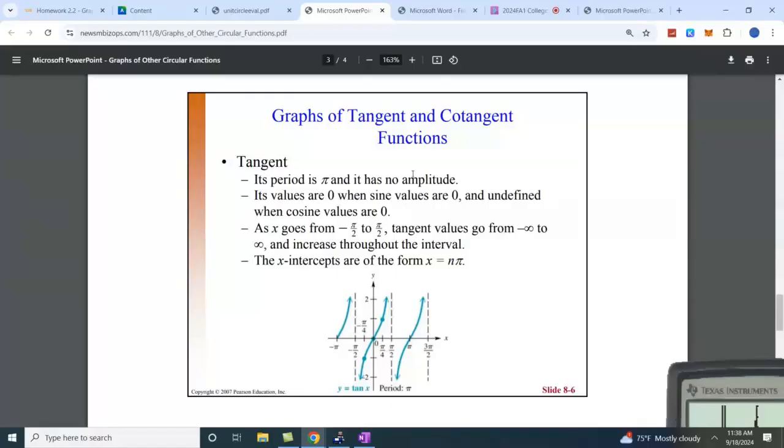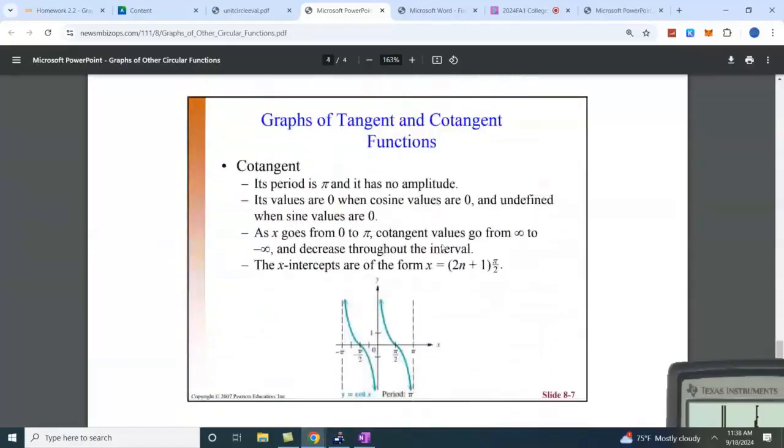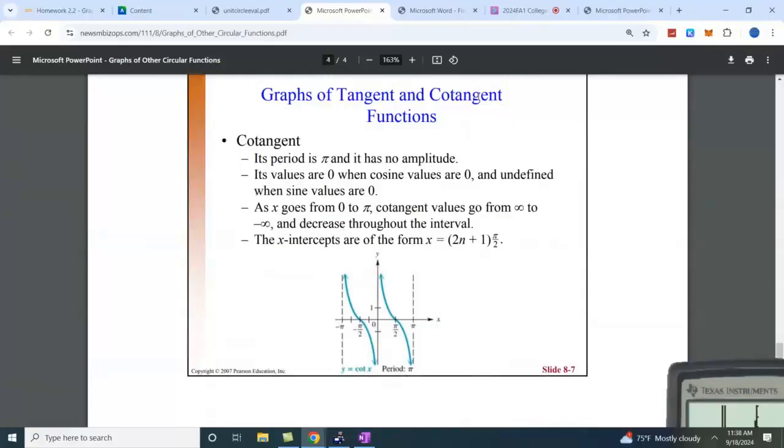As you read it from left to right, it's going up. For the cotangent graph, as you read it from left to right, notice that this graph is decreasing. It's going down from left to right. So when you're graphing the tangent and the cotangent, just be mindful that the tangent goes up from left to right, and then the cotangent function goes down from left to right.